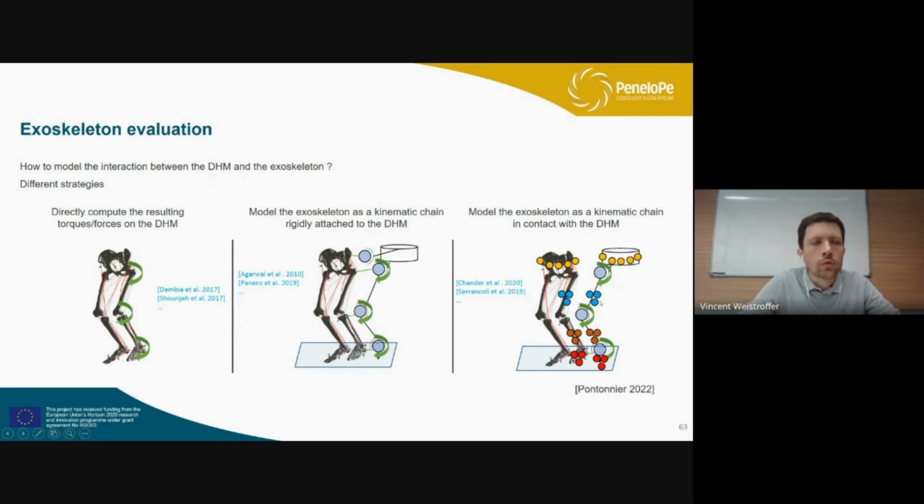It's also more computationally expensive, and there is plenty of ongoing work on this topic. I will not focus on it, but it's just so that you know some strategies about how to do that. In the rest of the presentation, I will mainly focus on the way we did it in the PeneloPe project, which is the first strategy, by computing directly the resulting torques and forces to apply on the digital human model.